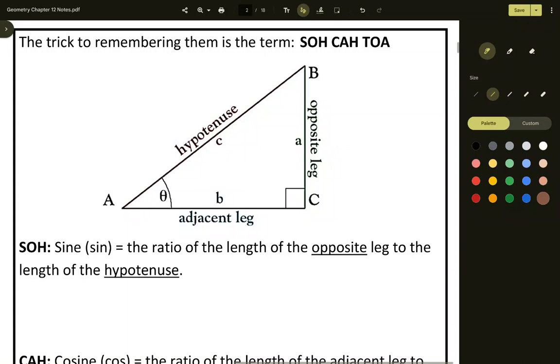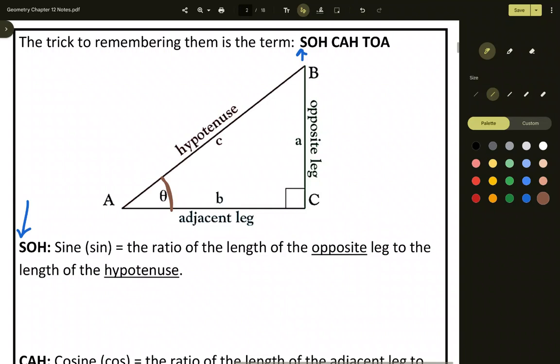There's a trick to remember this, and the trick is the abbreviation SOHCAHTOA. Now, SO is the sine function. The S in SO represents the sine function, and the O and the H represent the opposite and hypotenuse sides that we abbreviated before. So I'm going to abbreviate those again on this picture.